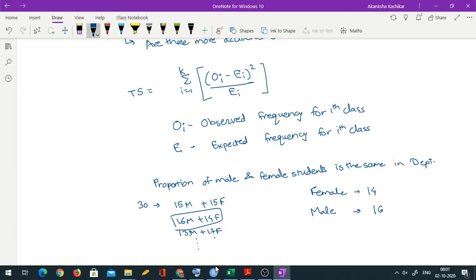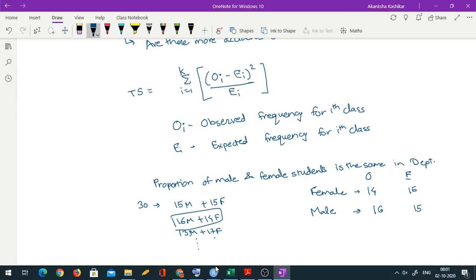So this becomes your observed frequency. Now what is expected frequency? Expected is expected under the hypothesis that you want to prove or disprove. I am saying we want to check whether we have equal proportion of girls and boys. Equal means my expected frequency would be 15-15. So we expect 15 girls and 15 boys.